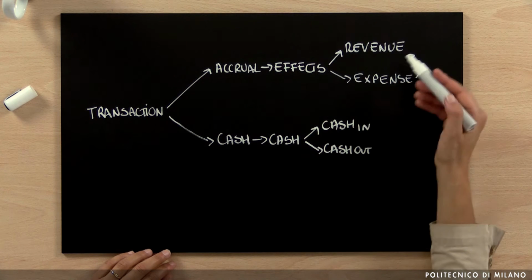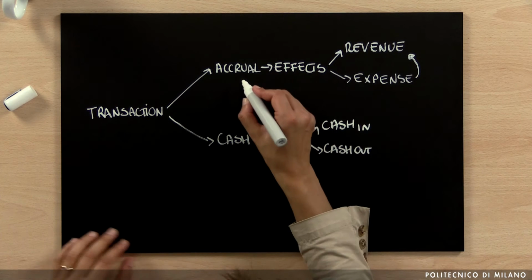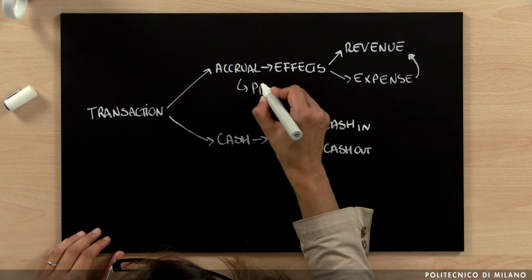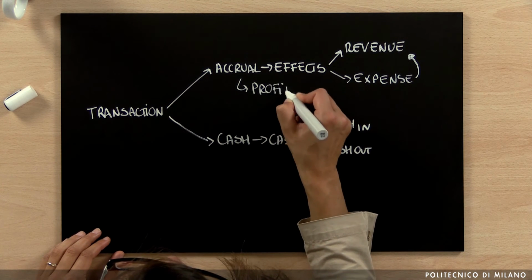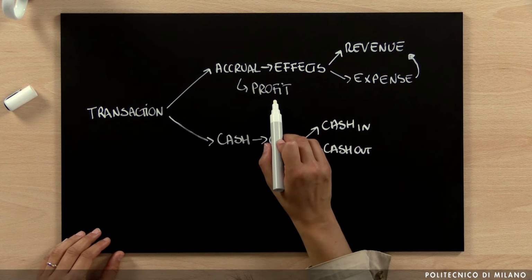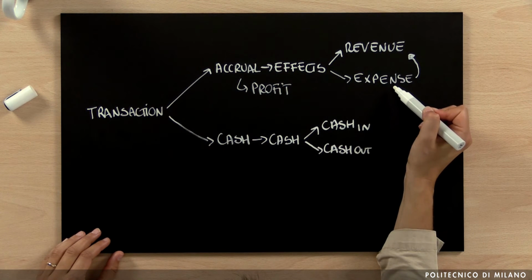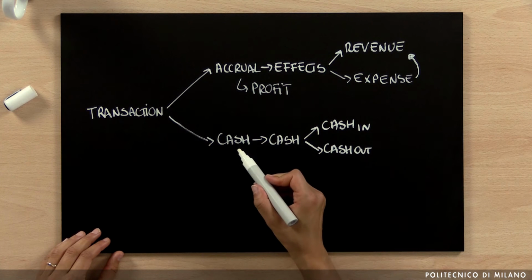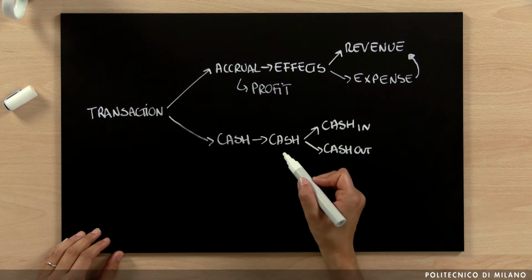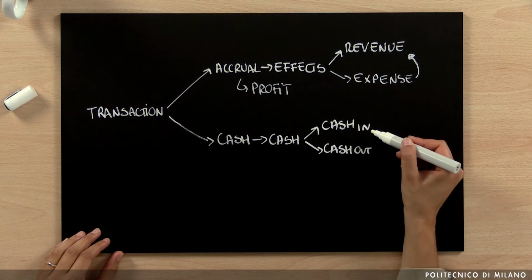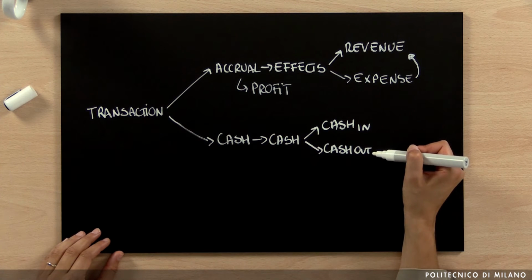The output of this accrual logic is to identify profit. So if we are using an accrual logic, we find a profit as the difference between revenue and expense, while if we are adopting a cash logic, we identify the net cash of the company as the difference between the cash in and the cash out.